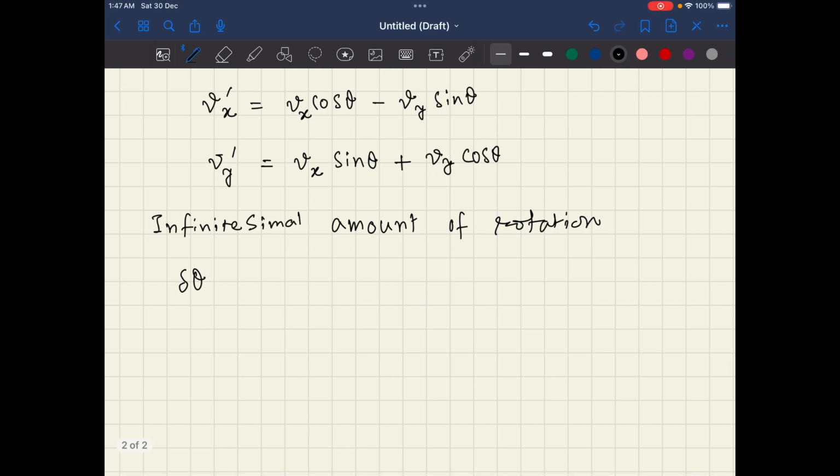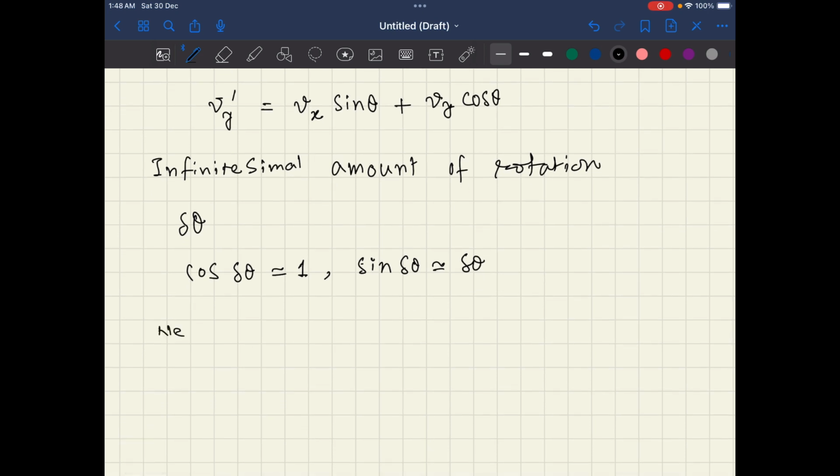Since we are working in the infinitesimal domain, we can take cos delta theta as 1, and sin delta theta is delta theta itself. The working principle is to neglect terms of order delta theta squared and higher.